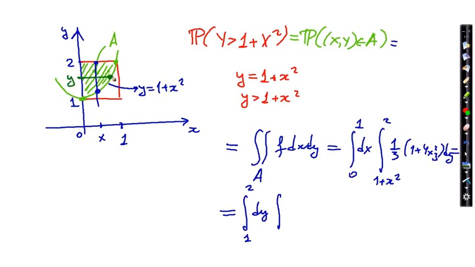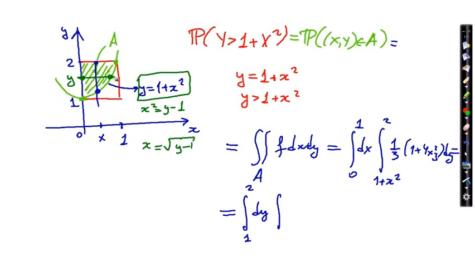Then x is running from this point, so this is 0, x is 0, to that point. How to find this? I need to solve this for x. So that will give x squared is y minus 1. And because x is positive, we are talking about positive axis, x is between 0 and 1.